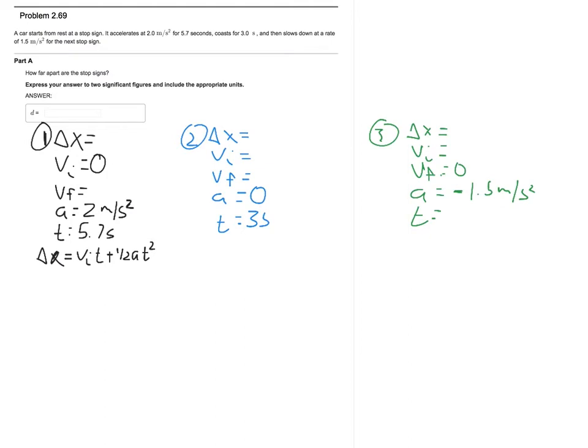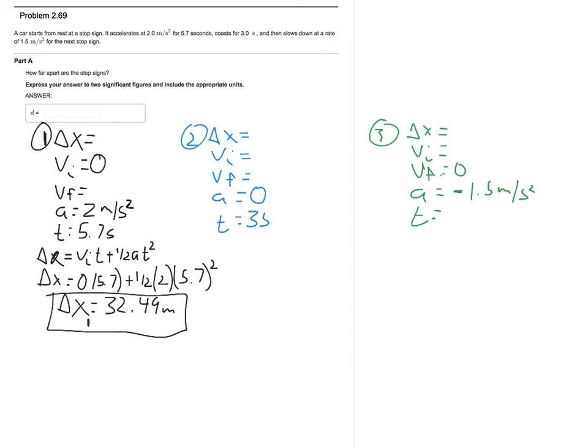And so what I end up getting is delta x is equal to 0 times that 5.7 plus 1/2 times 2 times 5.7 squared. So my displacement for the first portion, maybe we'll call it delta x1, is 32.49 meters.